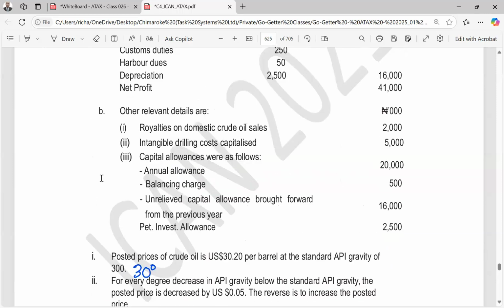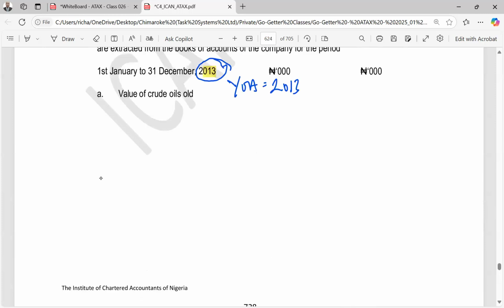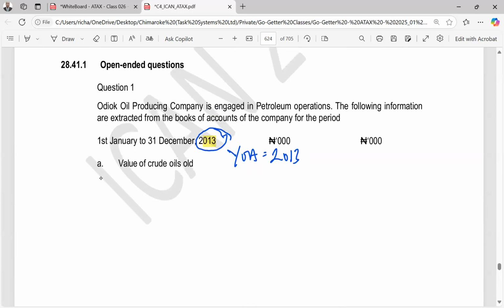Now, one thing you should know about the petroleum upstream sector is you ask yourself, is this company a JV company or is it a PSC? So the thing you will ask is, is this a PSC company or a non-PSC?